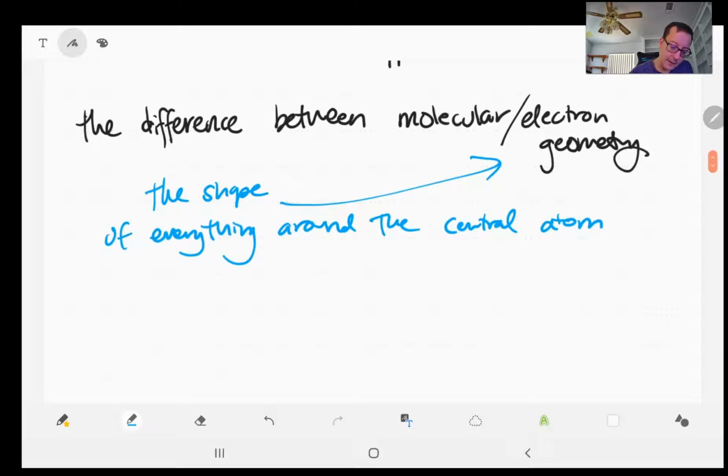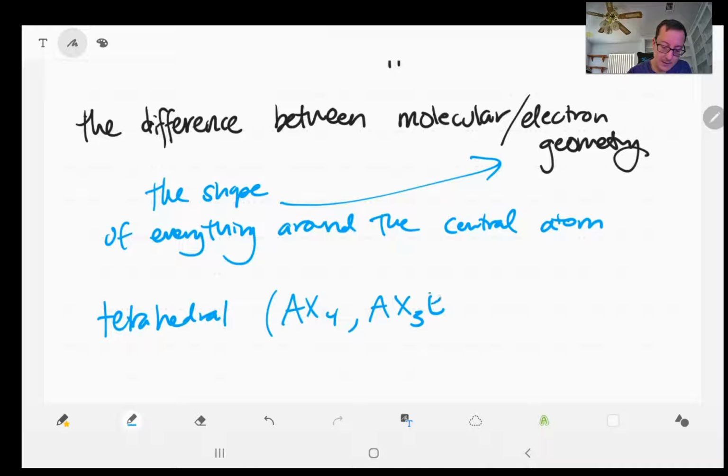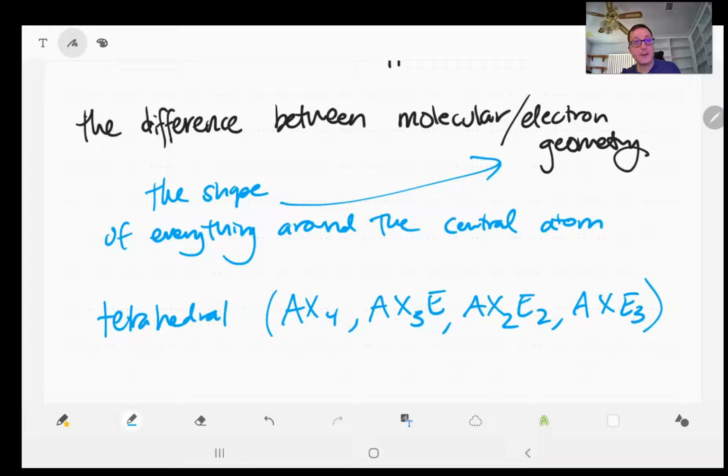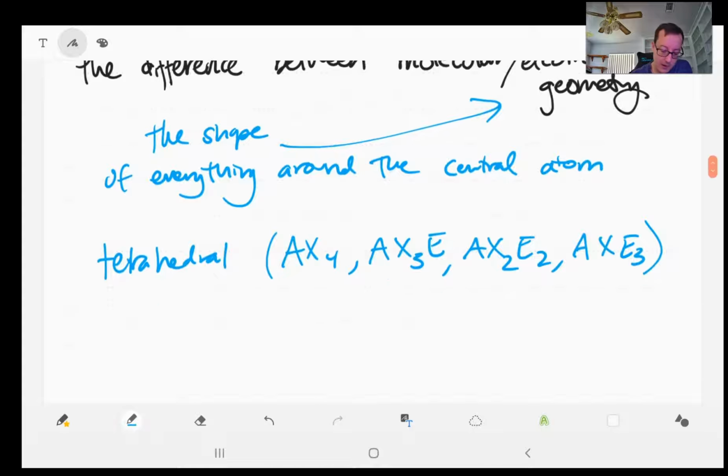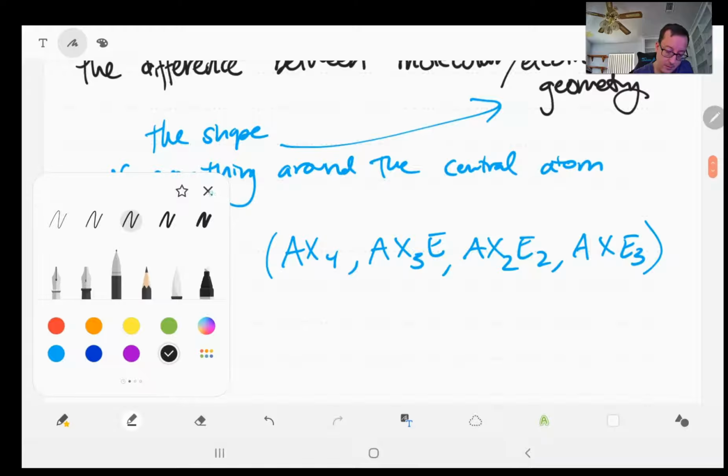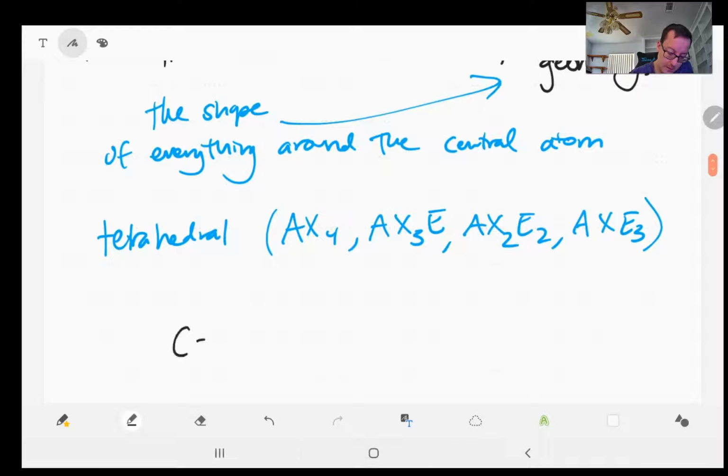And so anything that's tetrahedral could have a whole bunch of different types, right? As long as we have 4 things, any of these families of compounds are tetrahedral in terms of their electron geometry. I'm just going to do 2 because why not?